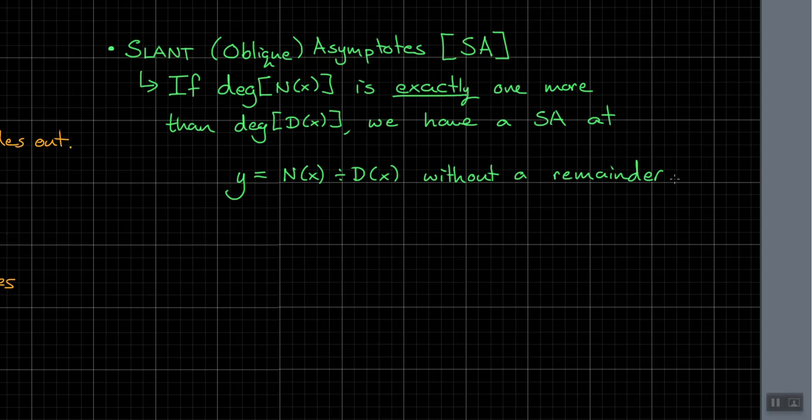If the numerator is bigger than the denominator, what's your horizontal asymptote? The numerator gets bigger faster than the denominator. Is it ever going to stop getting bigger? There's not one. You will never have a slant asymptote and a horizontal. It cannot happen. Never.